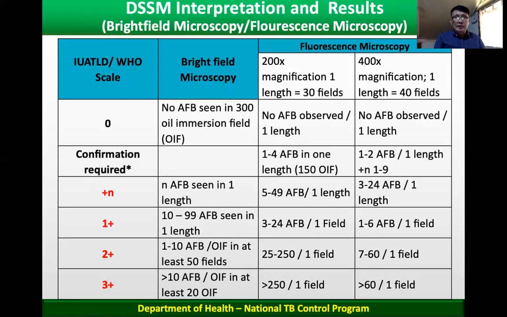Okay, so we have this slide on the DSSM interpretation and results. I think I don't need to linger here anymore because most of you are already familiar with this, especially the bright field microscopy. You are familiar with the results: 0, no AFB seen; plus n, the actual number; plus 1 to plus 9; the 1 plus, the 2 plus, and the 3 plus.